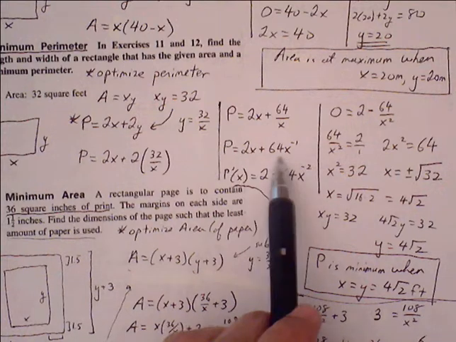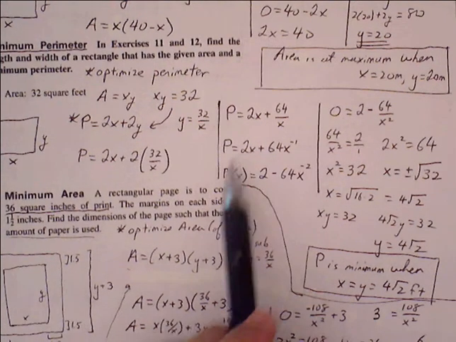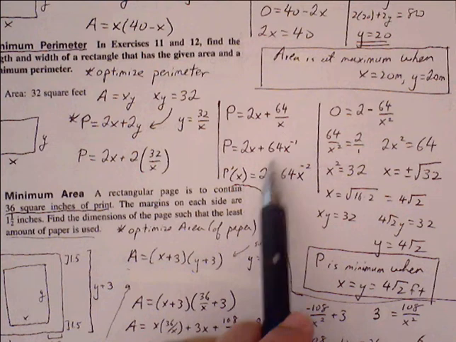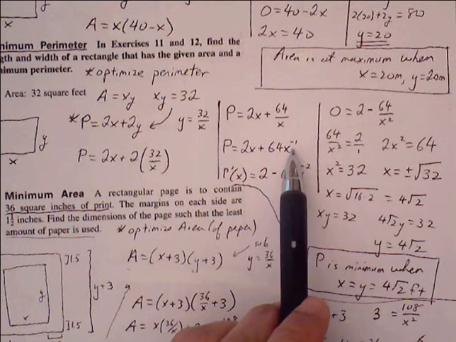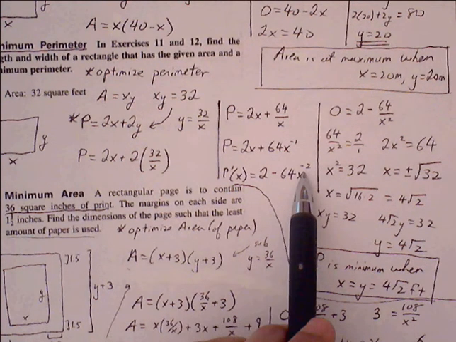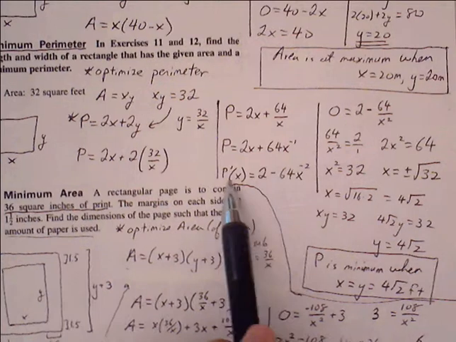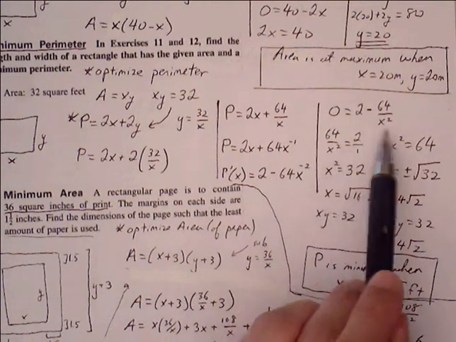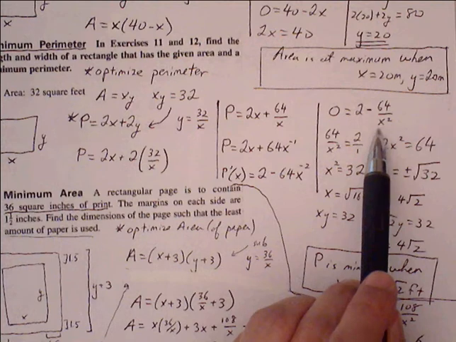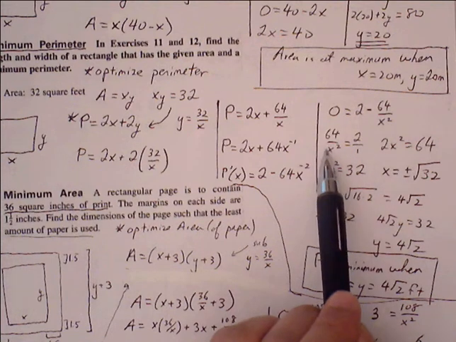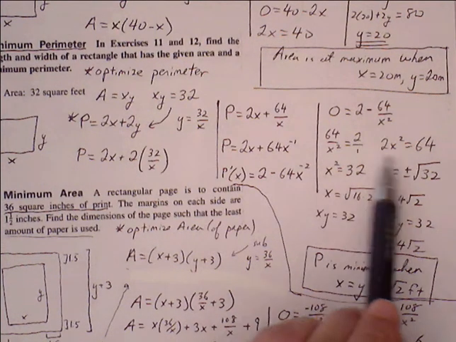And then we are ready to find the derivative. So P prime equals 2x becomes 2. 64x to the negative 1 becomes negative 64x to the negative 2. We set our derivative equal to 0. And when we do that, we just algebraically try to solve for x. So I'm going to move the 64 over x squared to the left side. Cross multiply.